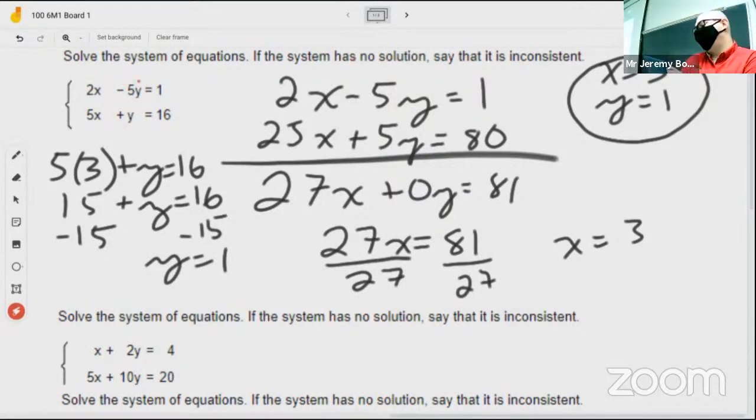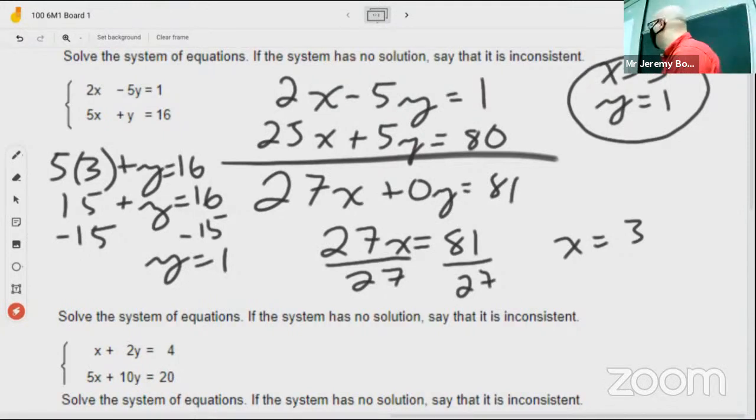And so if we want to be able to add these up and eliminate the y's, this would need to be a positive 5y. So if I multiply this one by 5 on both sides, then it becomes 25x plus 5y is equal to 80. Now when I add the y's, a negative 5y and a positive 5y, it's going to eliminate the y's. I'm just going to be left with one variable.